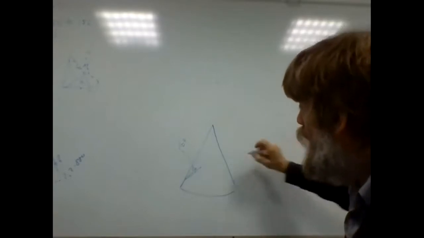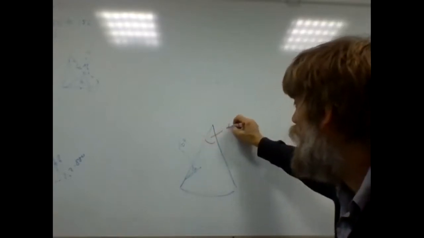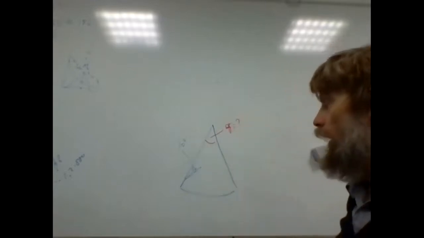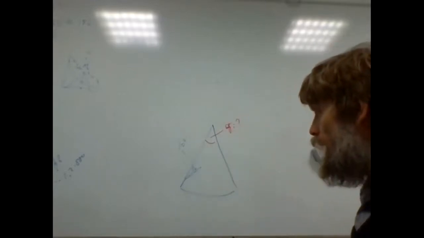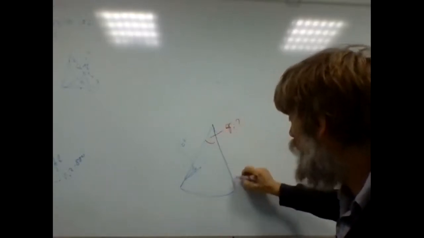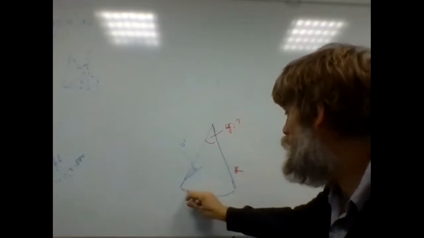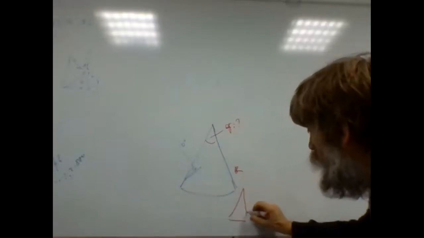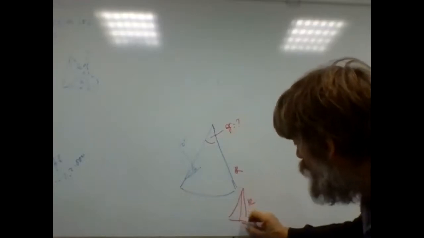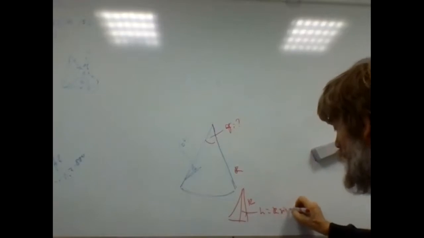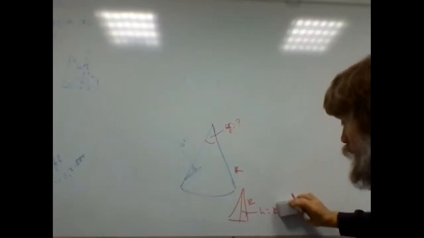Now first I need to figure out what is the angle here, gamma. If we unroll it, suppose this here is r, then from the side view of the cone, this is r. So the height h is r multiplied by sine alpha, cosine alpha.